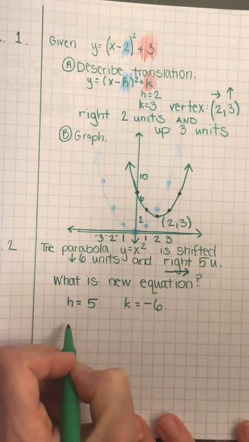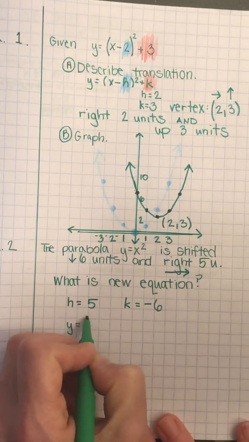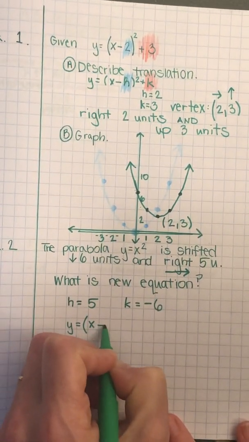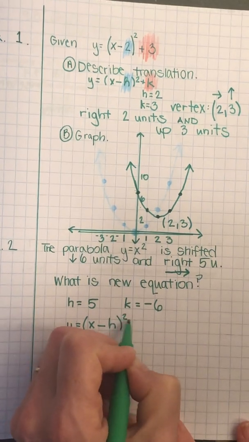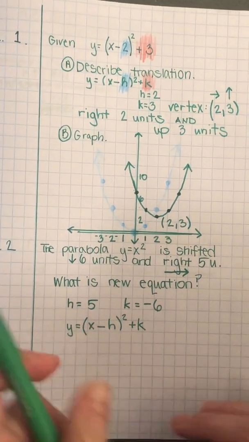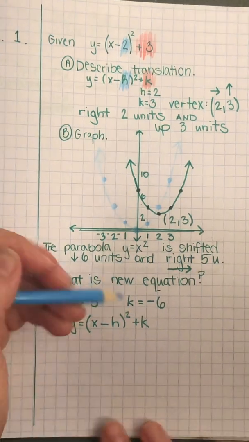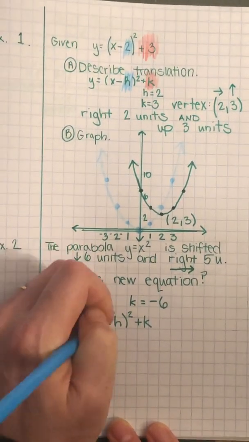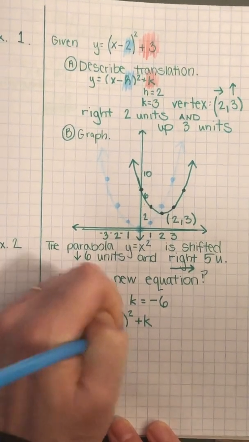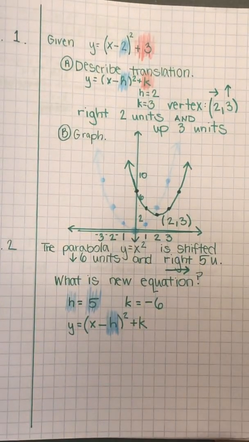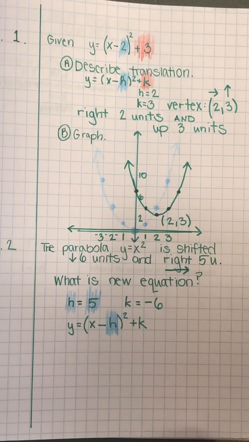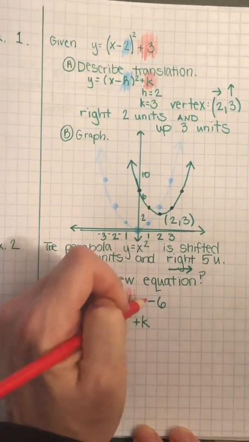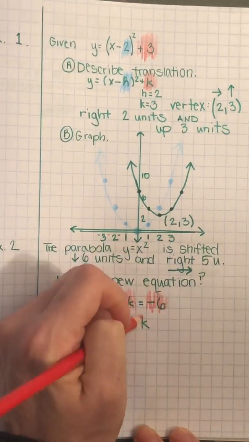So we have this fun equation, y equals, parentheses, x opposite h squared plus k. And then I can make my little highlighters. So there's my h is 5, and that goes right here. And then my k, what color was that? Red. My k is a negative 6, and that's right here.